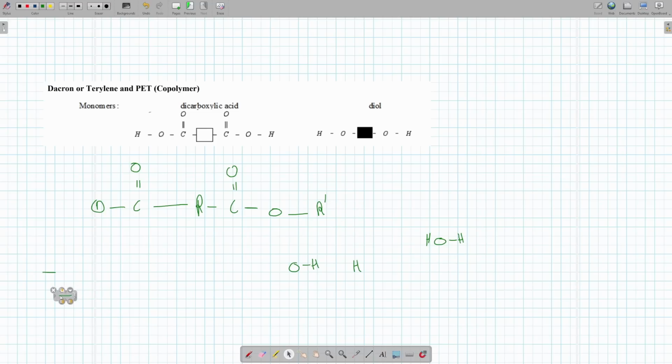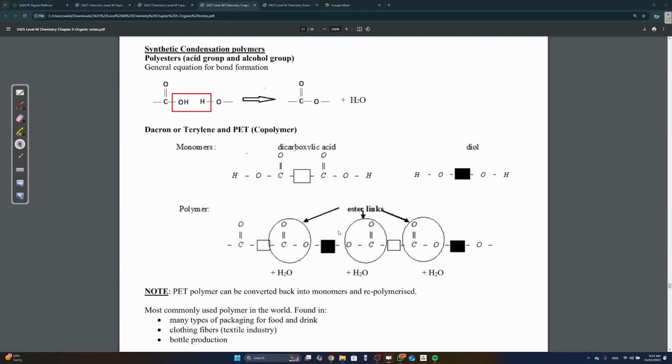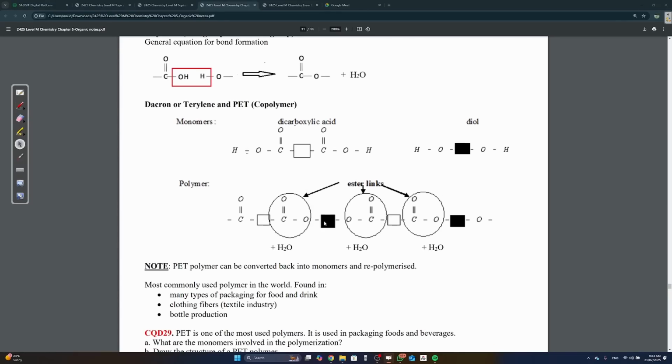So it looks like this. What are these called? These are called ester linkages or ester bonds. Since it's an ester, it's called an ester bond. So let's compare our structure to the one they drew here. As you can see here, R prime, C double bond O, O. Not that hard.